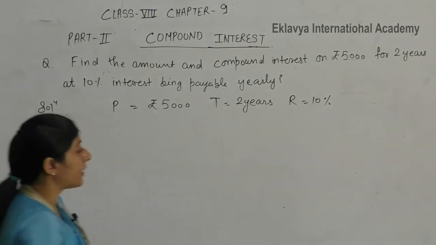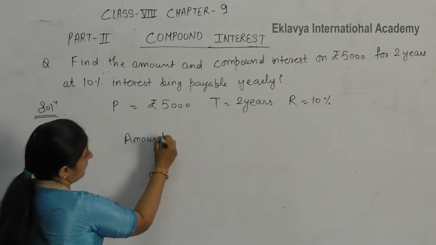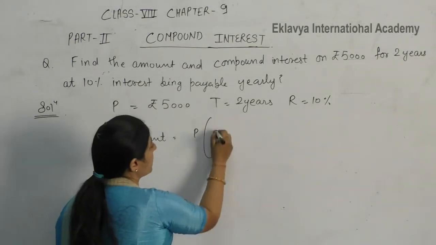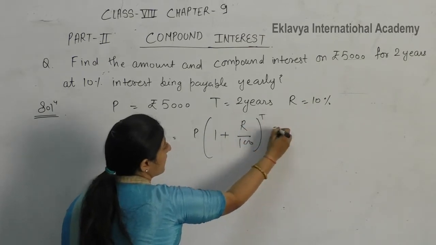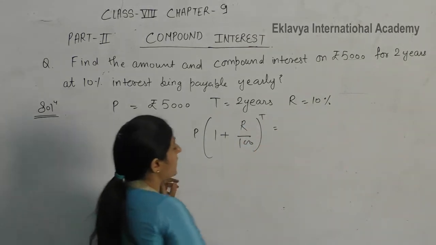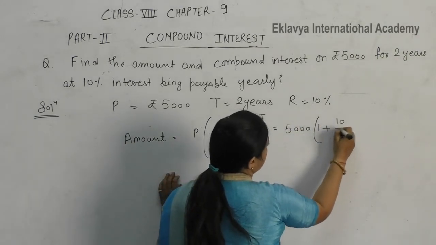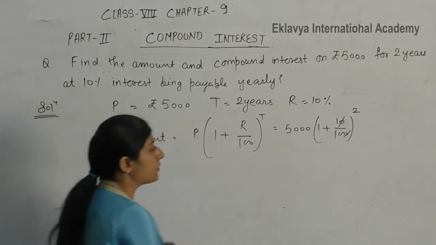Then find the amount firstly. We know the formula: amount is equal to principal multiplied by (1 plus rate by 100) to the power T. Put the value. Principal is 5,000 multiplied by (1 plus 10 by 100) to the power 2, because time is 2 years.